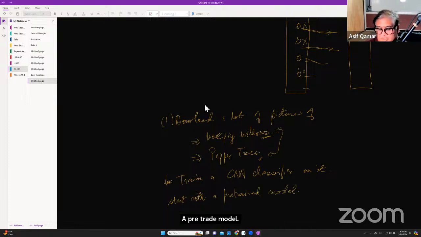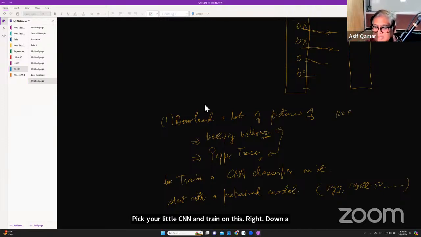Pick your pre-trained model. You can pick VGG, ResNet 50, whatever. Pick your little CNN and train on this. Download a lot of pictures. By pictures, I mean 100 each. And do this, guys. Can I expect you to do this? This is a simple exercise.